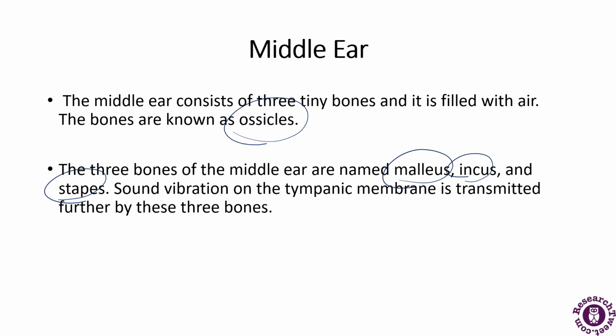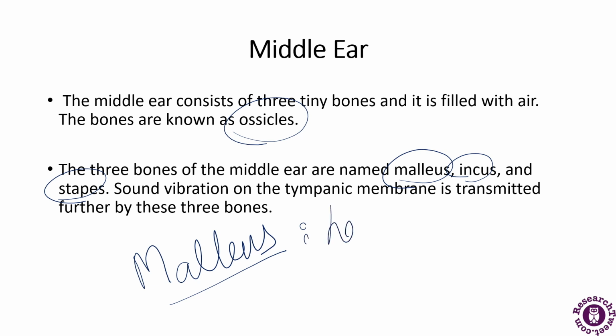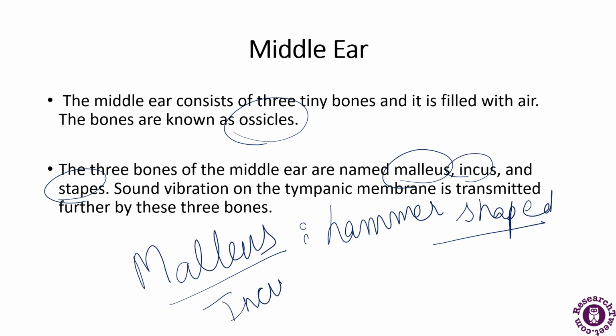Now, what are the functions of these three bones? First I will talk about the malleus. It is a hammer shaped bone which is attached to the tympanic membrane, that is, to the eardrum. Next is the incus.